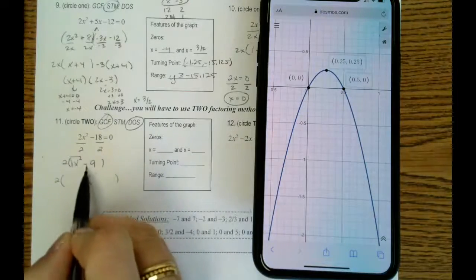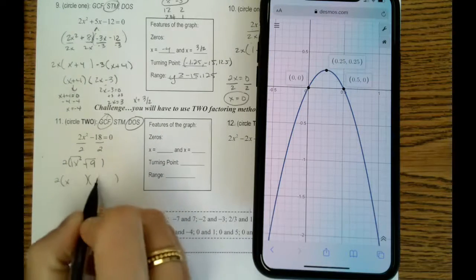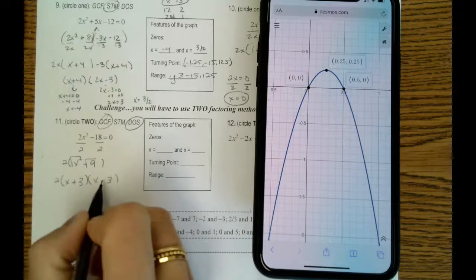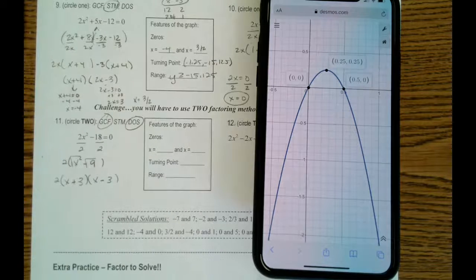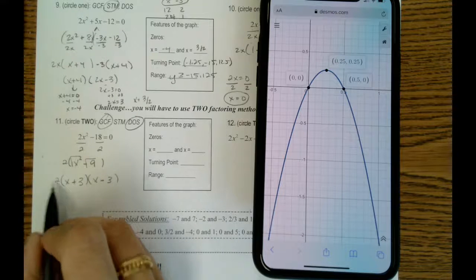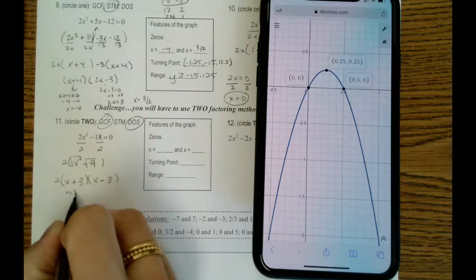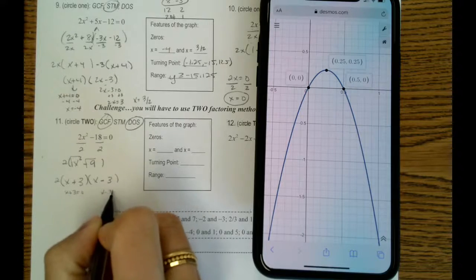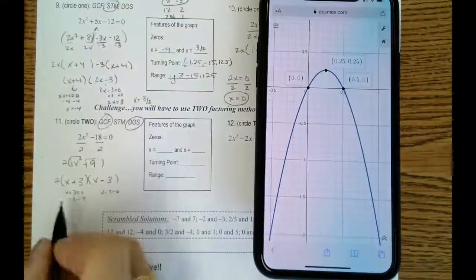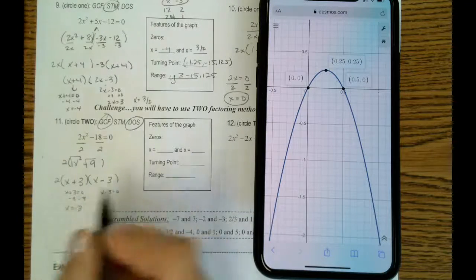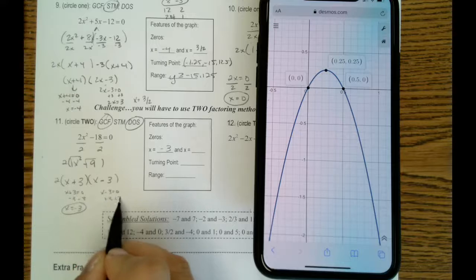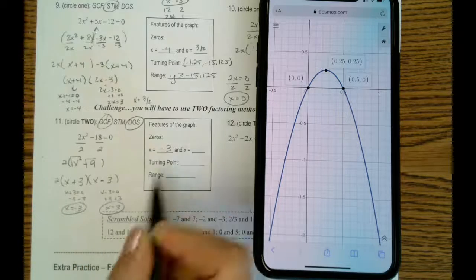So if we take the square root of both terms, the square root of x squared is x, the square root of 9 is 3, one of them is positive and one of them is negative. We don't really worry about the 2 since it doesn't have an x, so we'll have our x plus 3 and our x minus 3 to solve. So we end up with negative 3 and positive 3.